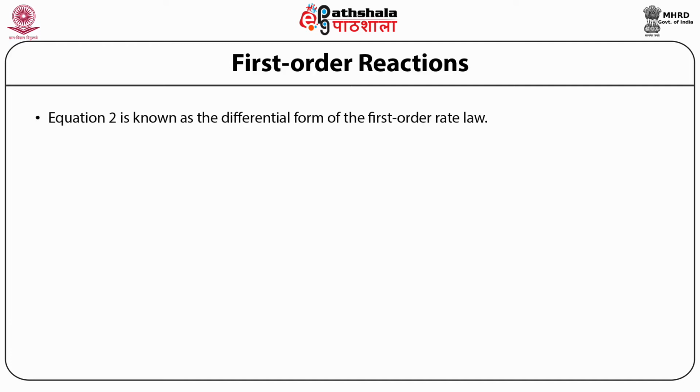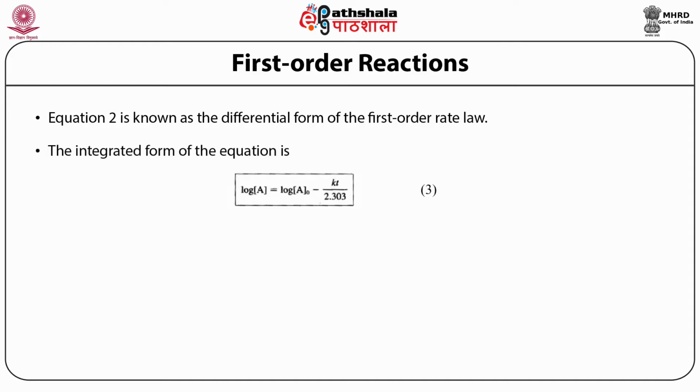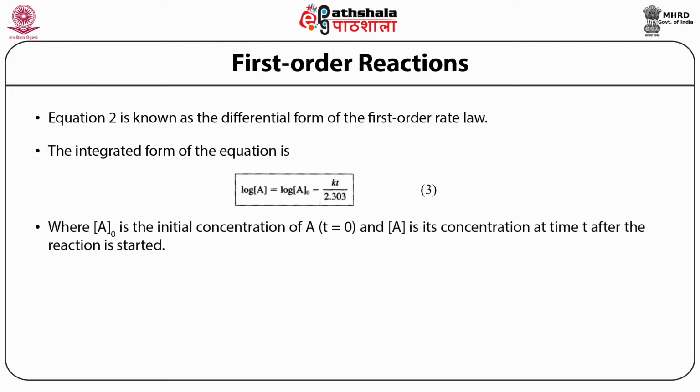Equation 2 is known as the differential form of the first order rate law. The integrated form of the equation is depicted here, where [A]0 is the initial concentration of A at t = 0 and [A] is its concentration at time t after the reaction is started.